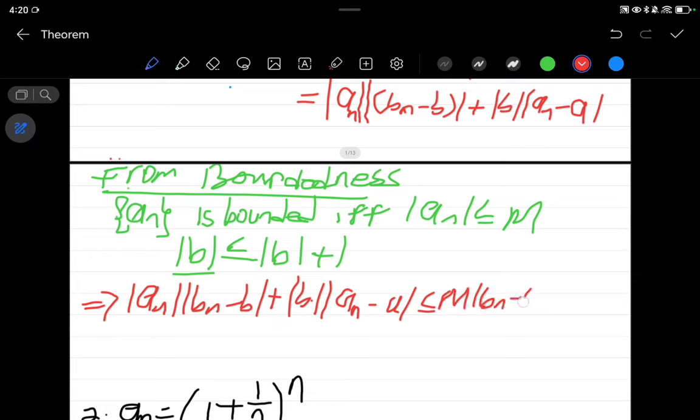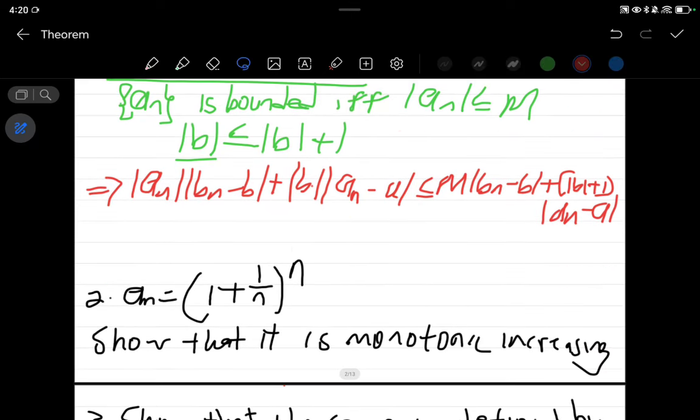We have bn minus b plus, here our b we replace by the absolute value of b plus 1 times the absolute value of an minus a.